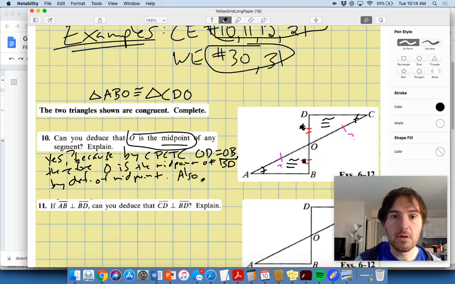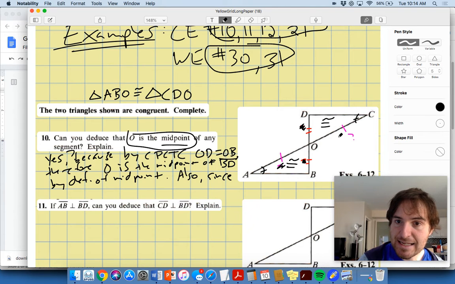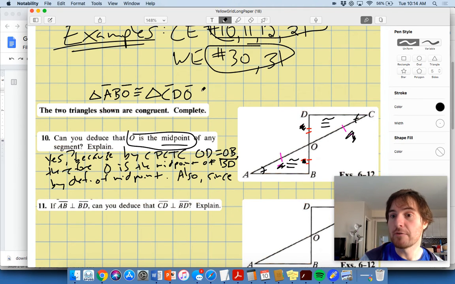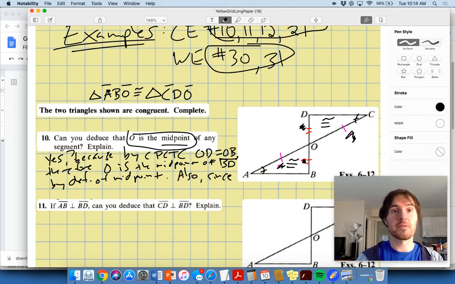Also, since we can also prove this, that AO does equal OC because, look at this, AO and OC, they correspond too. So the segments connecting those two vertices would be congruent because they're corresponding in the actual triangle congruence here. The A appears first and the O appears last. The C appears first, the O appears last.